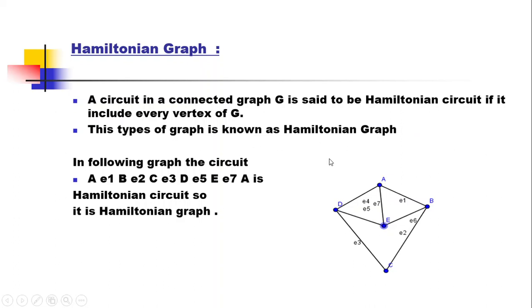So let us discuss here one graph with 5 vertices, and let us create one circuit which includes every vertex of the graph G. Then this type of graph will be known as a Hamiltonian graph.